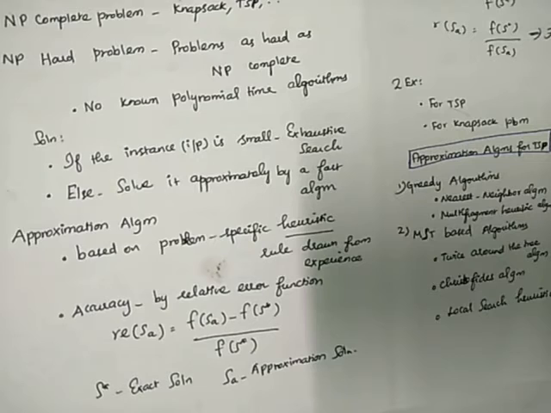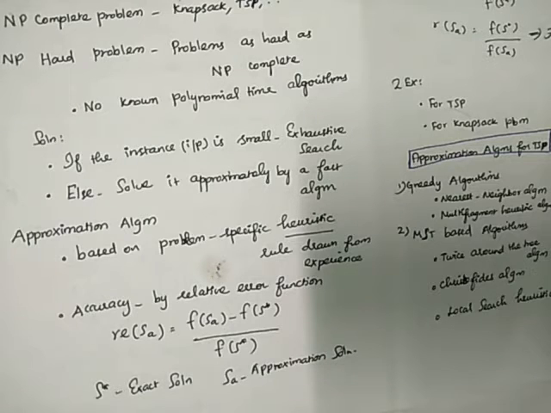Approximation algorithm is based on some problem-specific heuristics. Heuristics means some known facts from the problem. So automatically we can only get an approximate solution. We need to predict the accuracy ratio so that we can check whether the algorithm can solve the problem with more accuracy or not.